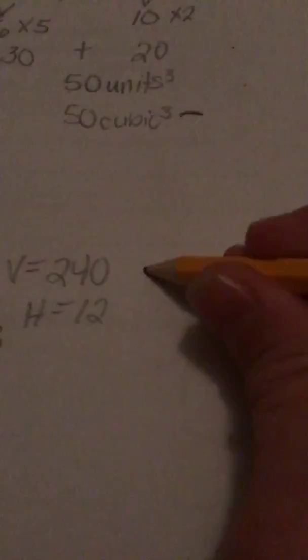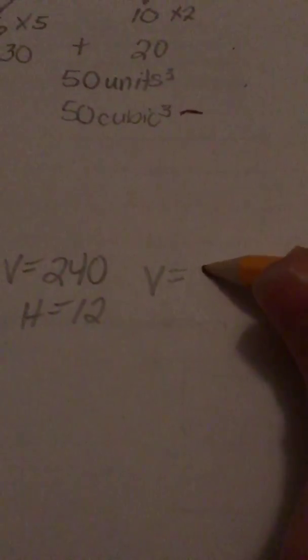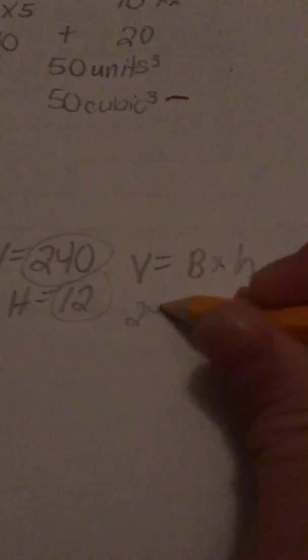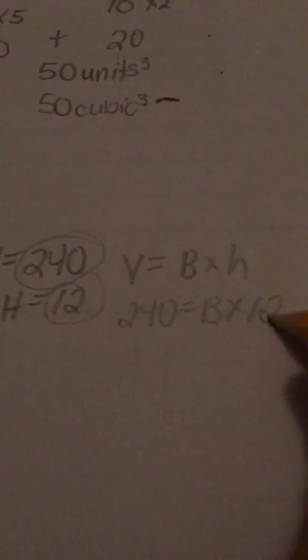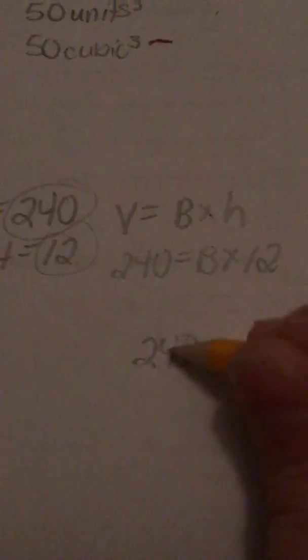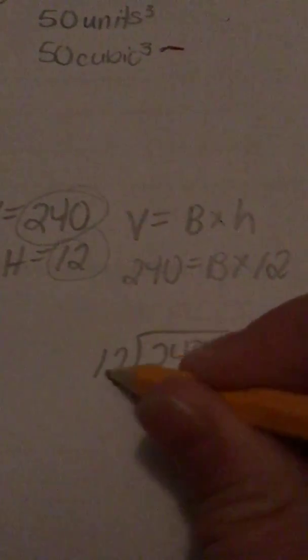Right, if you remember that volume equals length times width times height, or volume equals base times height, you could plug in these numbers. 240 is equal to base times 12. And you could apply the relationship between multiplication and division and rewrite it as division. And you could do 240 divided by 12.